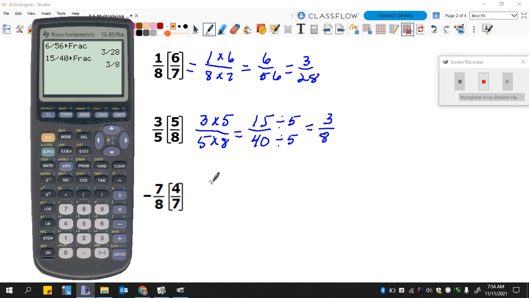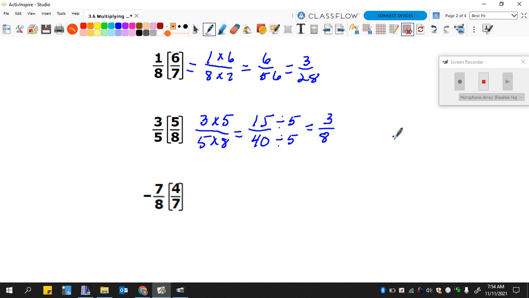Now the next one is a little bit different because we have a negative sign down here. I always put the negative sign with the numerator. It doesn't strictly have to be that way, but it makes it easier.